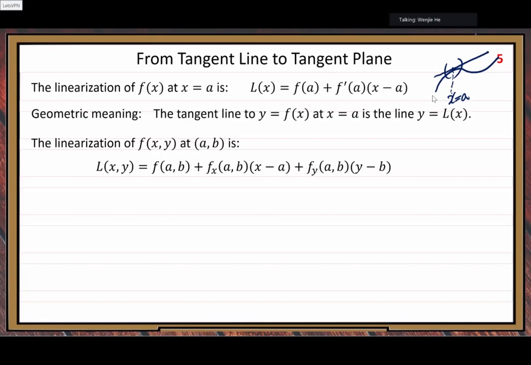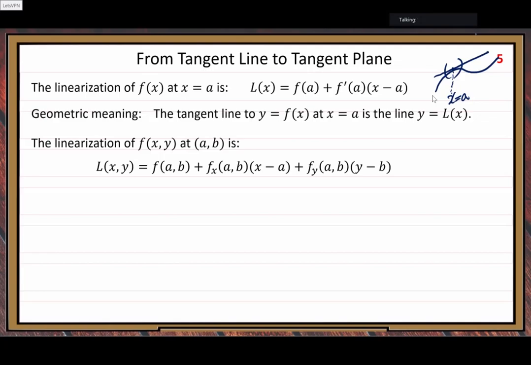Then the partial derivative at this point times x minus a, plus the other partial derivative at the center point times y minus b. That's the generalization from the one variable case. Here you have the two variable case, and this is the tangent plane. It's a plane.